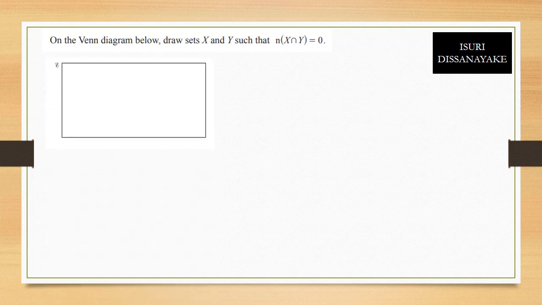Just try and see whether you can do it. No common area or no common region for X and Y. So we can simply draw the two sets separately, and you can call this a disjoint set. I taught you this in one of our previous presentations. This is a disjoint set. No elements common for X and Y.